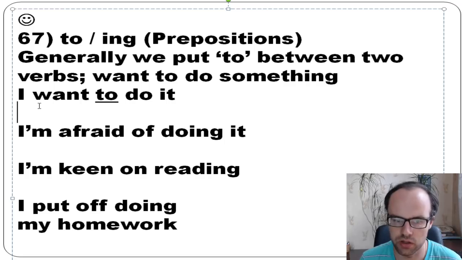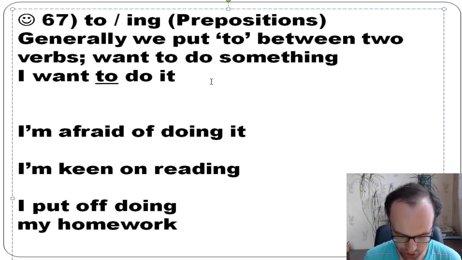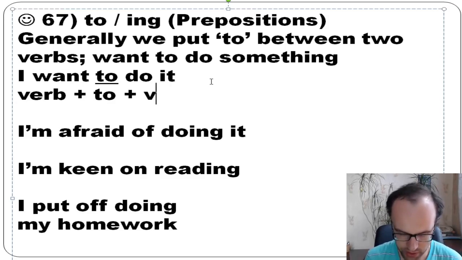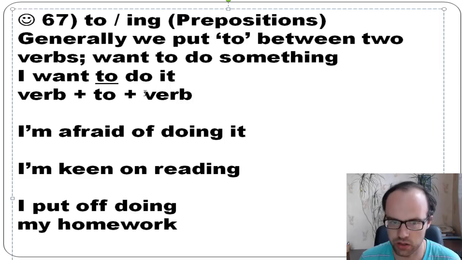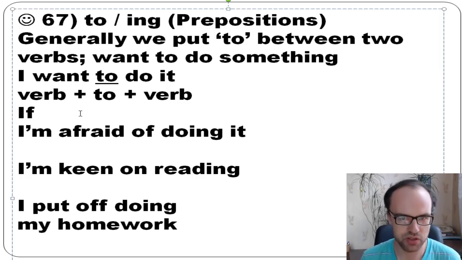So you see this structure, verb plus to plus verb, okay? So sometimes it's with to. If it's another preposition, so let's write it down because this idea is very important.